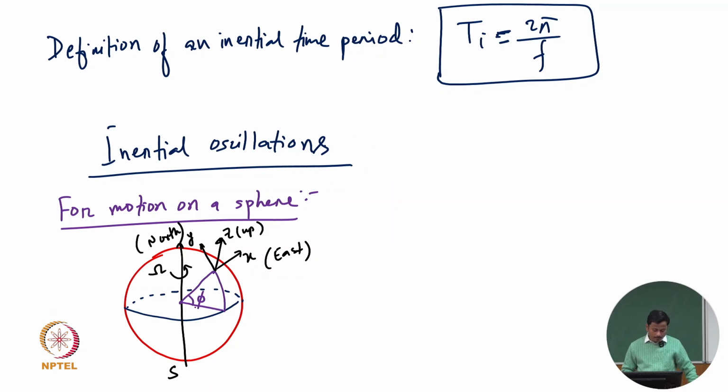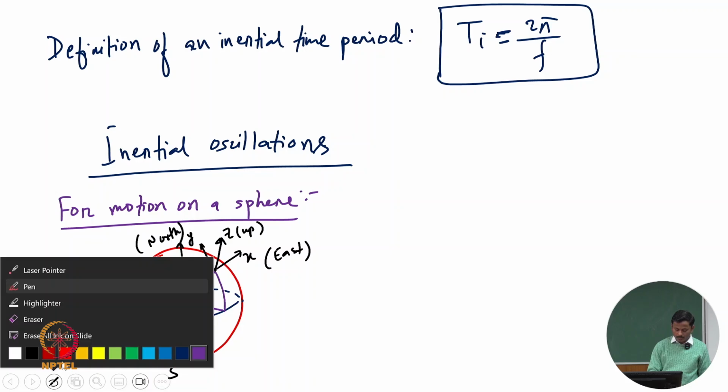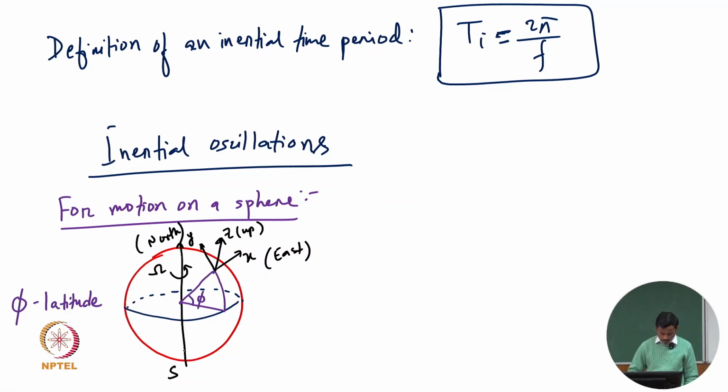This is angle phi. So this is the angle which this point makes with the center, and this is of course the latitude, wherever you are taking your measurements from.